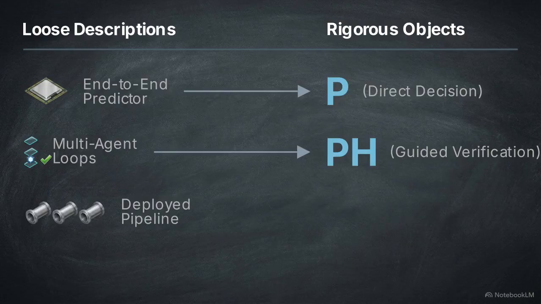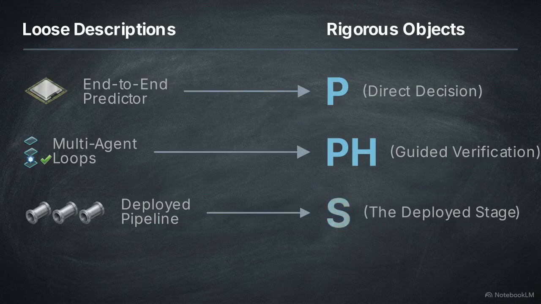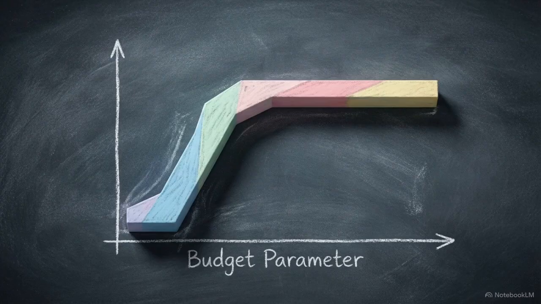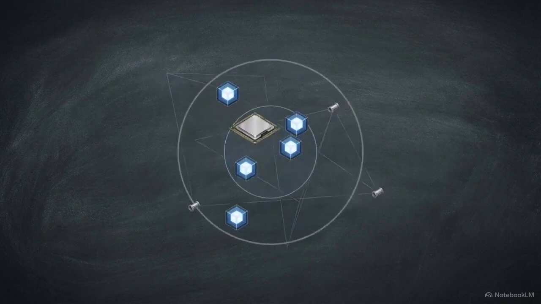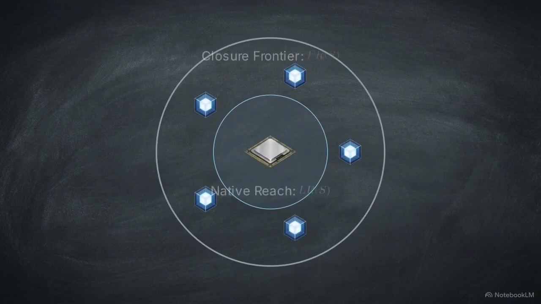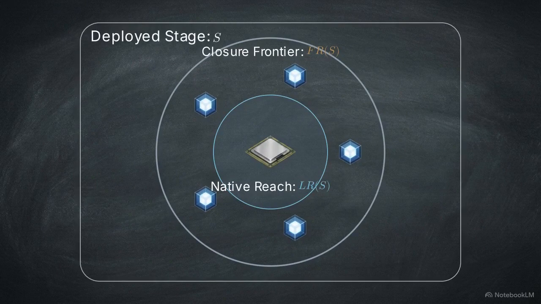The entire deployed pipeline is formalized as a deployed stage, or S, the specific bounded artifact that engineering practice actually puts into production. Within this model, increasing test time compute constitutes an expansion of a bounded resource budget rather than a structural change to the system's architecture. Mapping these workflows to formal logic allows us to distinguish between raw compute scaling and genuine structural advancement.